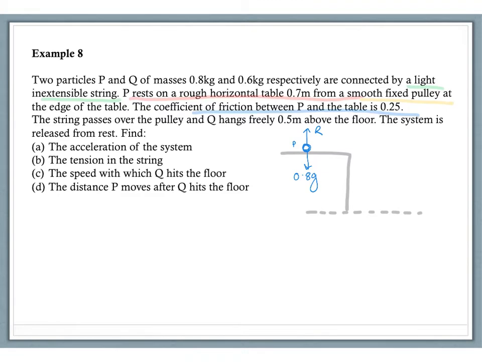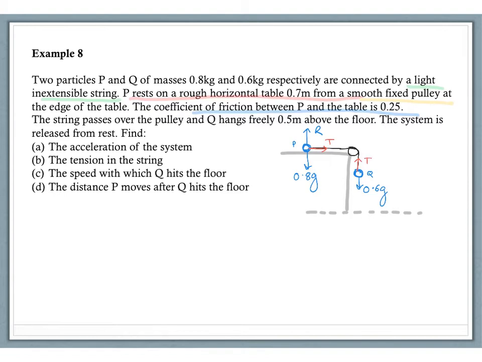And it's attached to a string which passes over a smooth pulley and connects us up with particle Q. Q has got a mass of 0.6 kilograms, so a weight of 0.6 g. Let's add in some forces. There has to be a tension in the string, pulling P in the direction of the pulley, which has got to be balanced by this tension here.